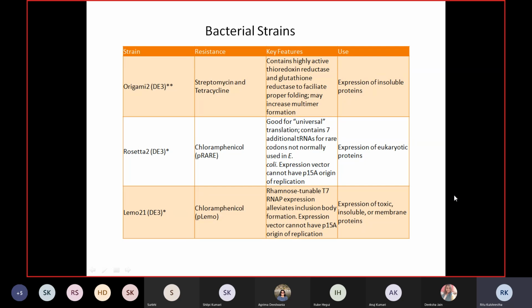So keeping in mind that bacteria can be an extremely good host, comparatively cheap to grow, people don't directly want to go to mammalian cell culture based systems, because they are very expensive and difficult to maintain.